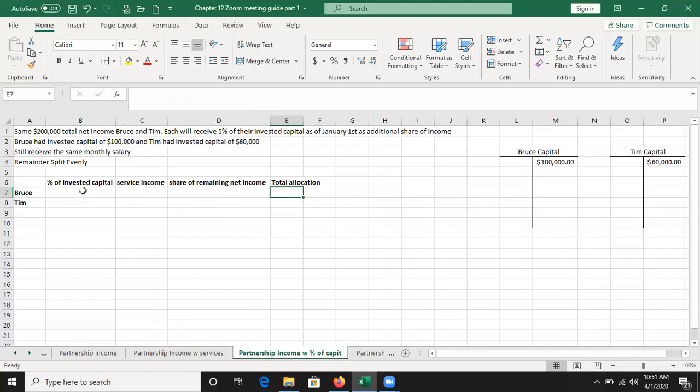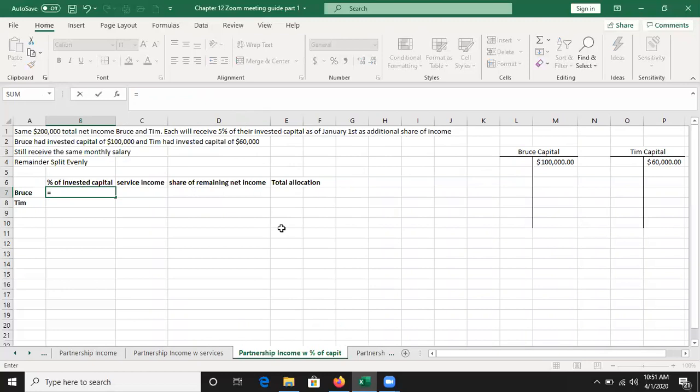Okay. So percent of invested capital. Again, this 5% could be any number in the world. They chose 5% of their beginning capital. So Bruce is going to receive 5% of his beginning capital of 100,000. So 5,000. Tim is going to receive 5% of his beginning capital of 60,000.